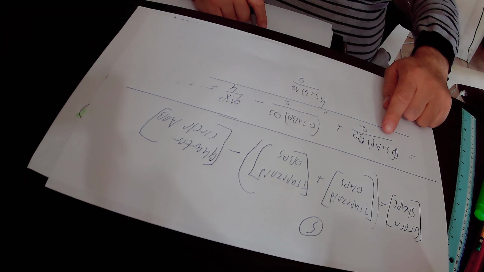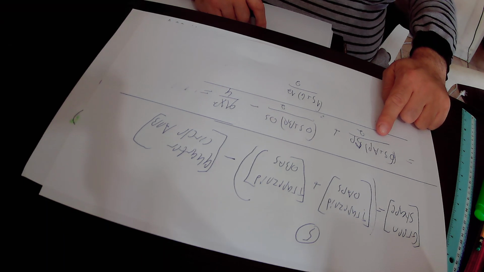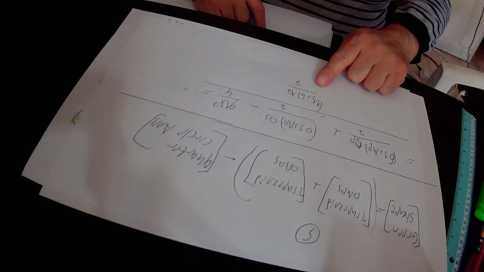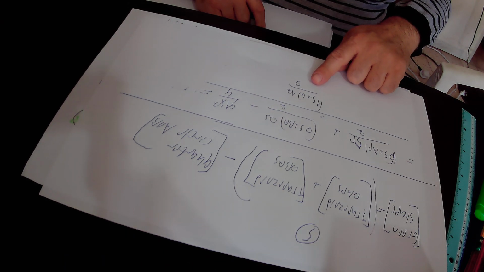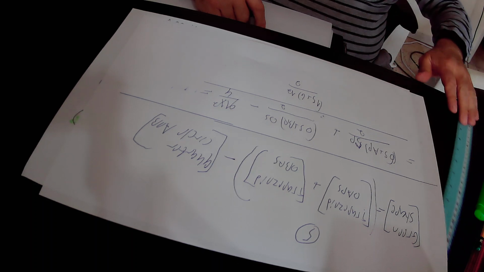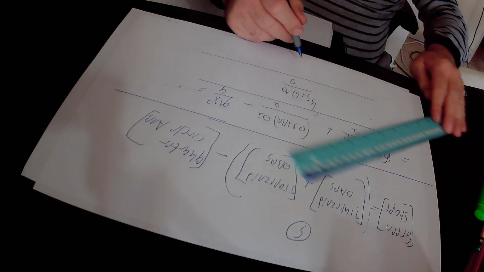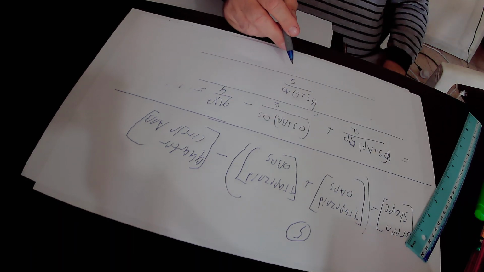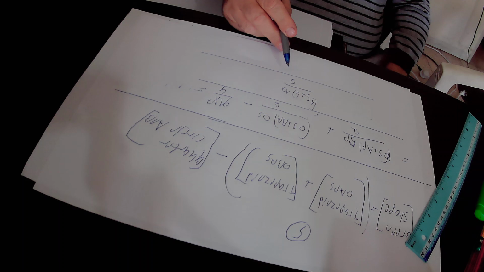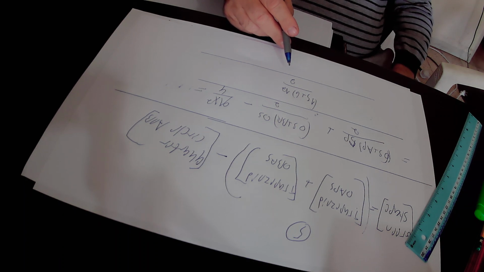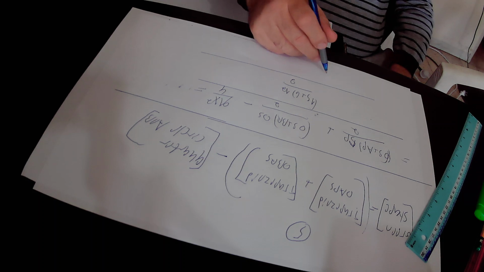So in conclusion, the area of trapezoid OAPS equals 15 plus 6 times 12 over 2. 15 plus 6 is 21, times 12 over 2. 12 over 2 is 6, and 21 times 6 is 126.